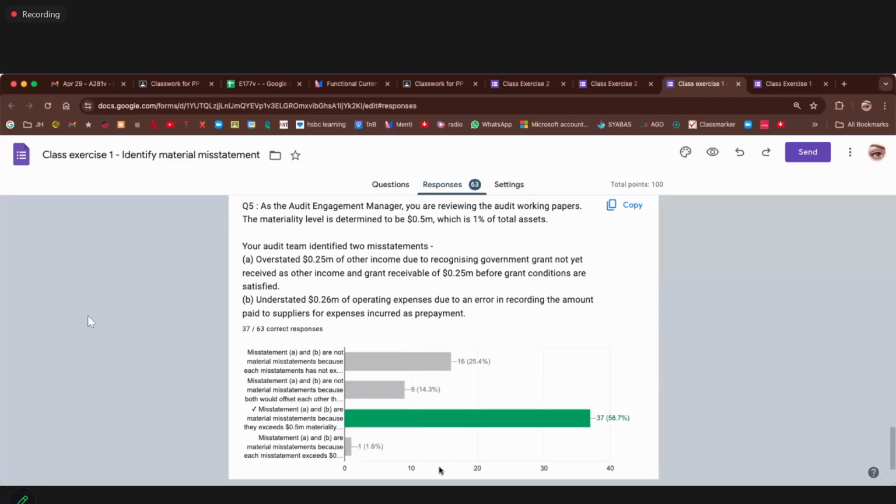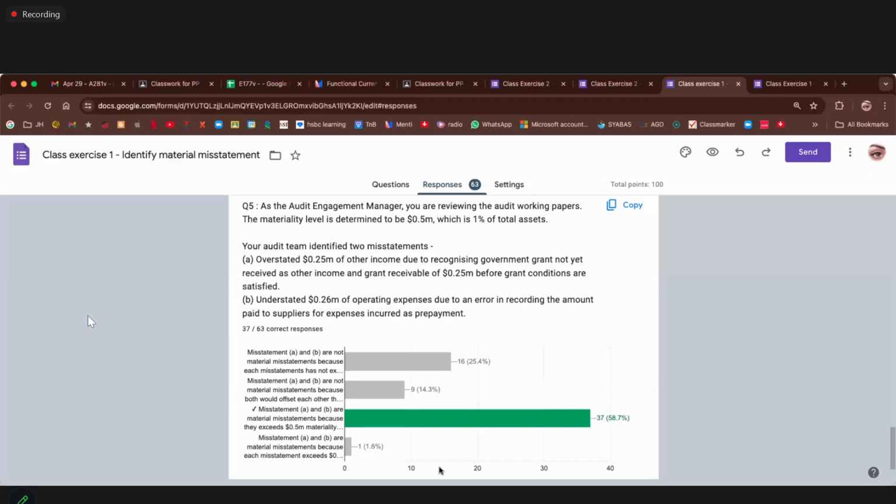That is why grant receivable 0.25 million before grant conditions are satisfied. Understated 0.26 of operating expenses due to an error in recording the amount paid to suppliers for expenses incurred as prepayment. So you can see that there is an understatement here and an overstatement.